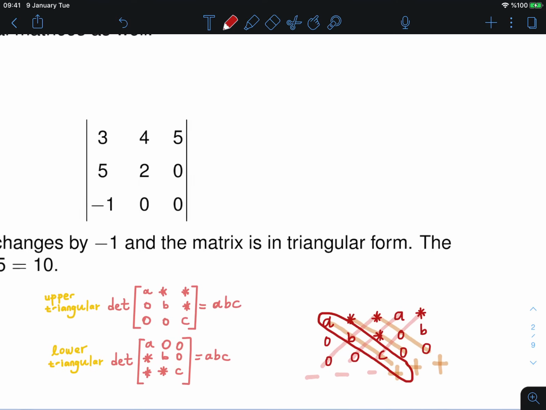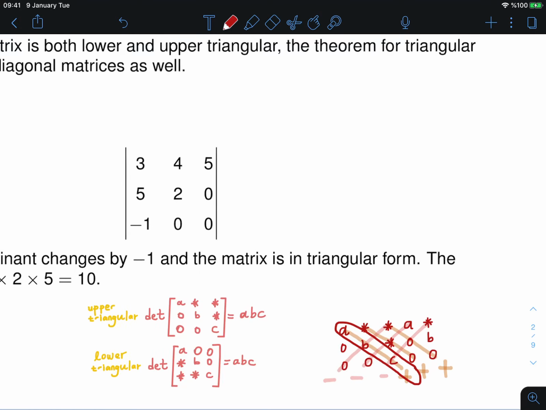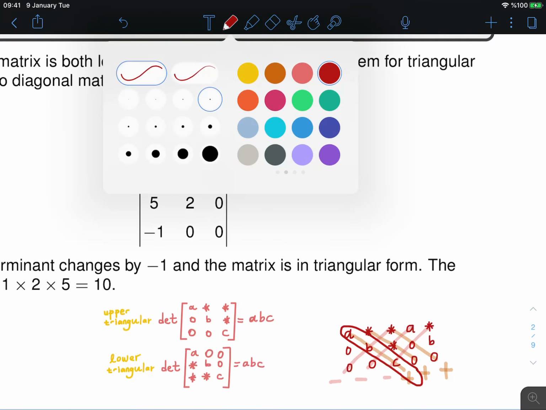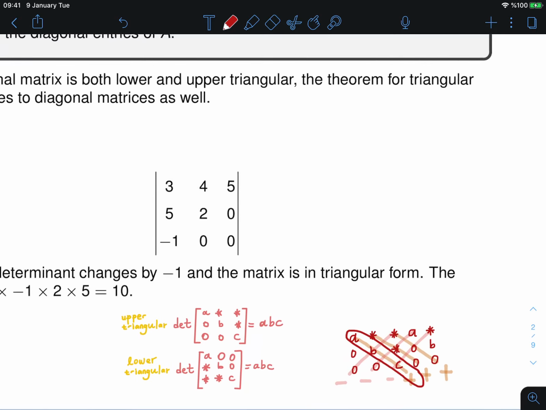And the similar thing is true for lower triangular matrices. I just demonstrated this for 3 by 3 matrices, but this holds for general n by n matrices as well. So if you have an n by n matrix which is upper triangular or lower triangular, its determinant is simply the product of the entries on its diagonal.